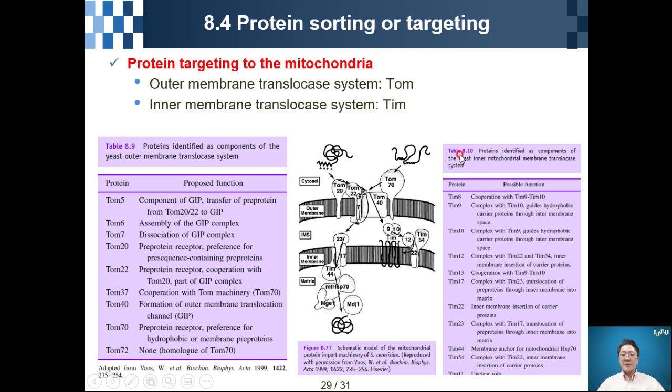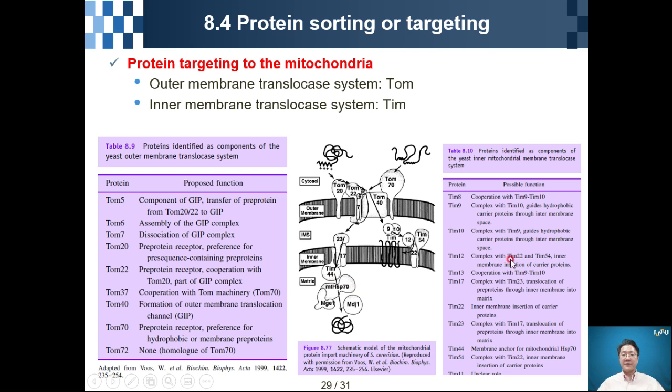And also there is Table 8.10, which summarizes proteins identified as components of the inner mitochondrial membrane translocase system, which we call the TIM complex.